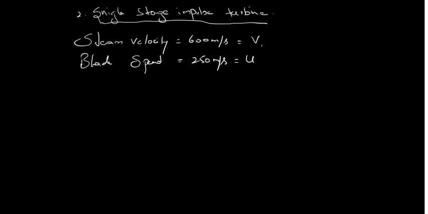It is nothing but u. And nozzle angle equals 20 degrees. What is nozzle angle? How are we going to represent it? As alpha. And again, the fourth parameter given in the problem statement is the blade outlet angle.